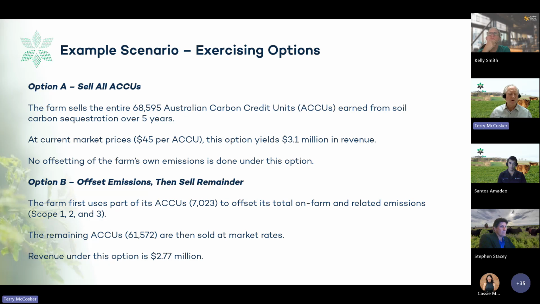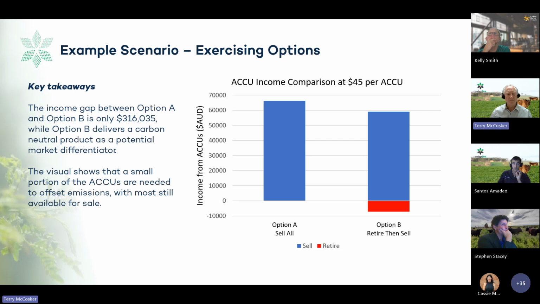So I can sell everything for 3.1, or I can become carbon neutral for 2.7. Now it's an economic question. The gap between that is about $330,000 difference between option A and option B.